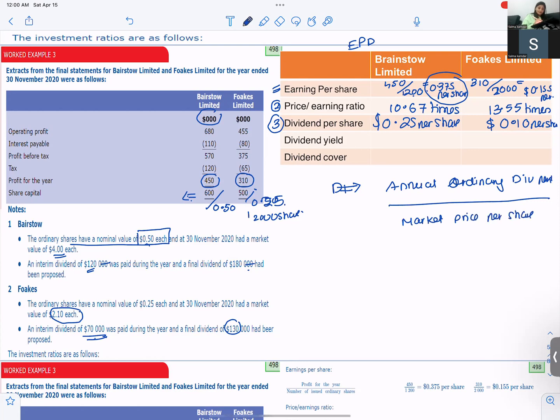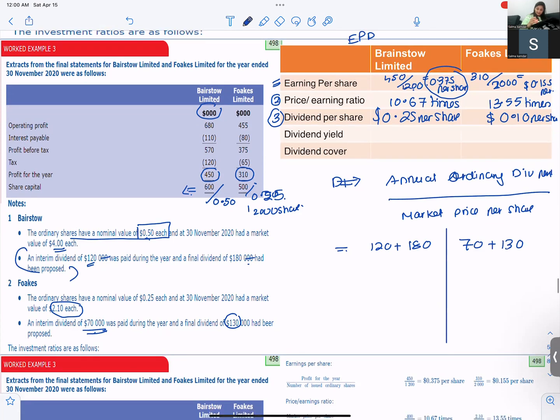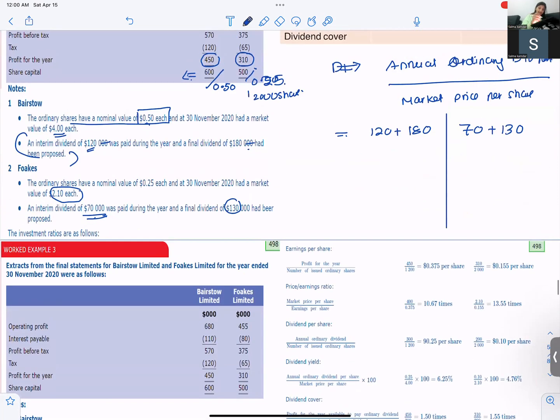What is the annual ordinary dividend? It was 120 plus 180 for Grain Straw, and for Folks it was 70 plus 130.